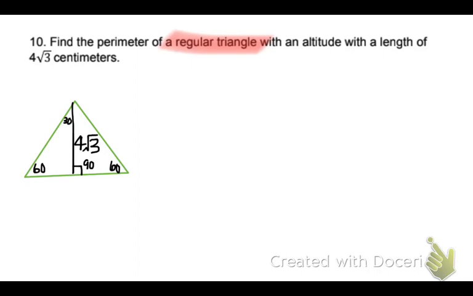So now we're looking at which kind of triangle? Well, it's a 30, 60, 90. So the side that's across from my 30-degree angle, so right here, is going to be x. My hypotenuse, according to the pattern, is 2x. And then my altitude, which we already have, is x√3.